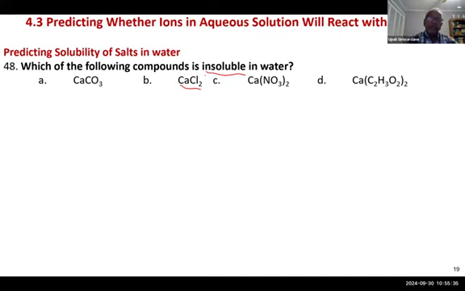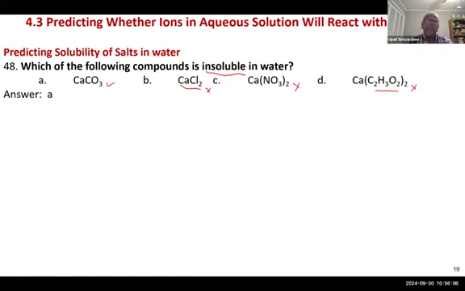This is soluble. Therefore, it's not the answer. This is soluble. This is not the answer. Acetates are soluble. This is not the answer. If you look at the last one, carbonates are insoluble except for the first rule cations. Sodium carbonate is soluble.